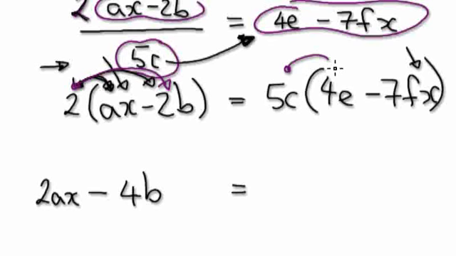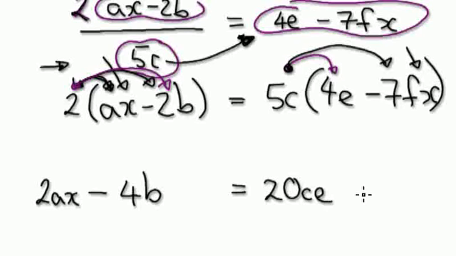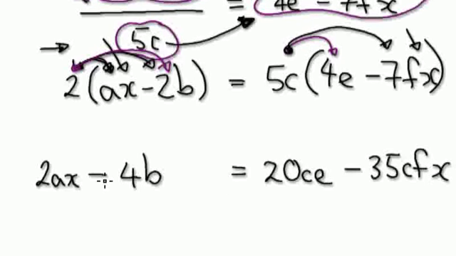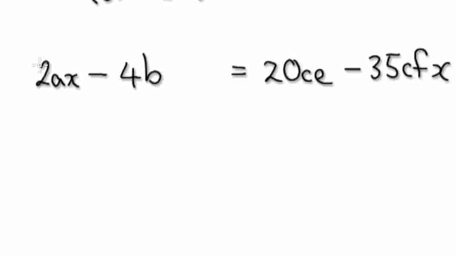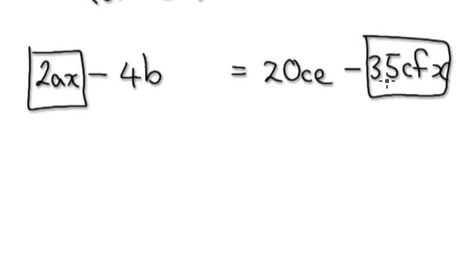On this side, this times this will be 20ce, and now this times this will be minus 35cfx. So keep an eye on x. x is here in this block here and here. We want to get them all on one side and all the rubbish on the other side.